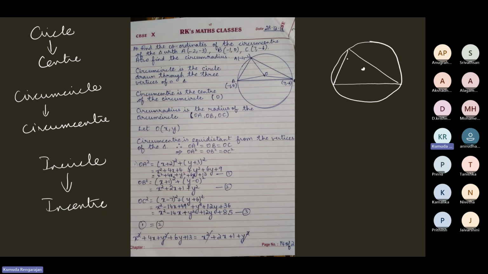And when you join the circumcenter to the vertices of the triangle, these are equal because that's nothing but the radius of the circumcircle. So the condition here is OA is equal to OB is equal to OC, where O is the circumcenter.